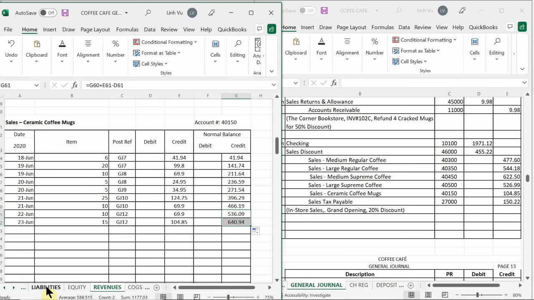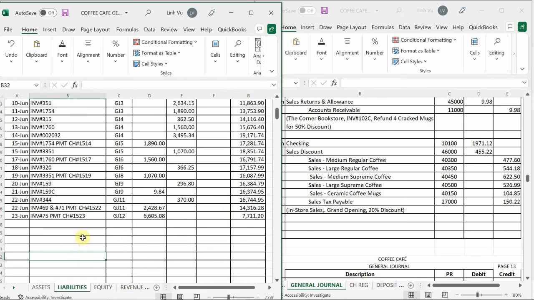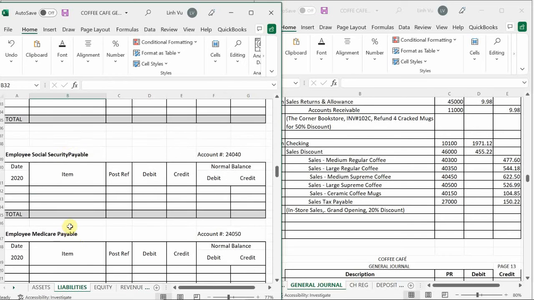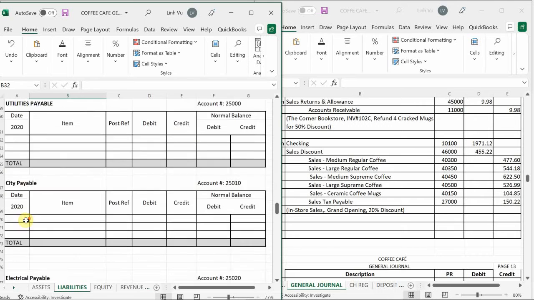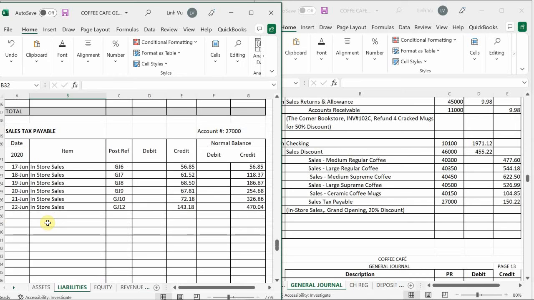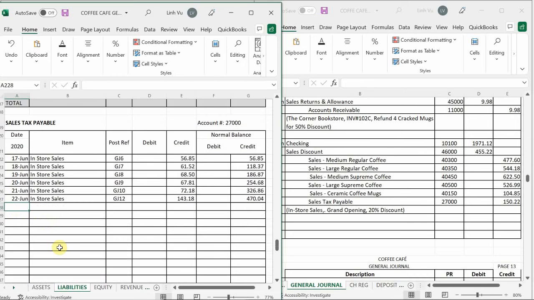And of course, last but not least, we need to also update our sales tax, because we collected some more money for the government. Here you go, sales tax. Today's the 23rd.